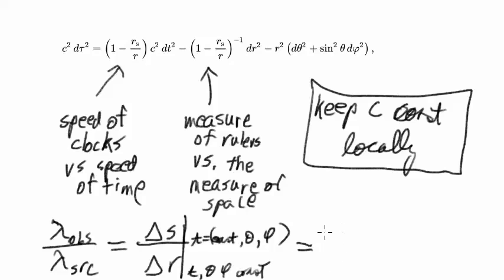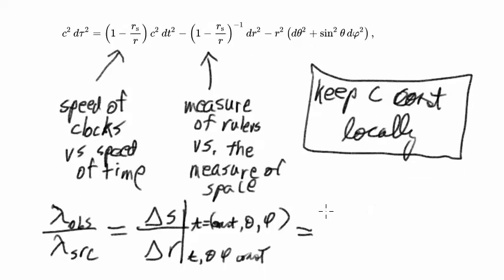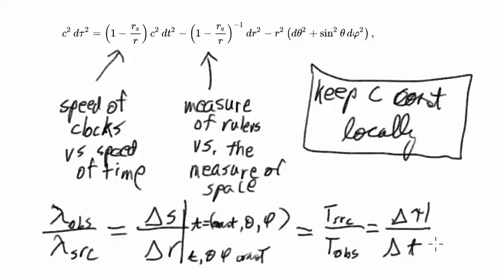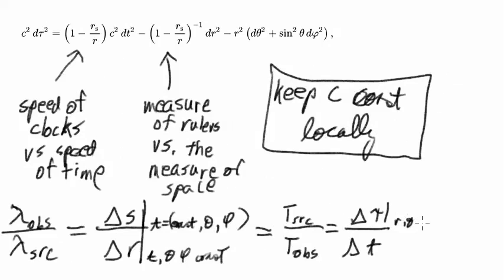And we're going to make that equal to the period, other way around, period source over period observed, which is delta tau over delta t with r, theta, phi constant.